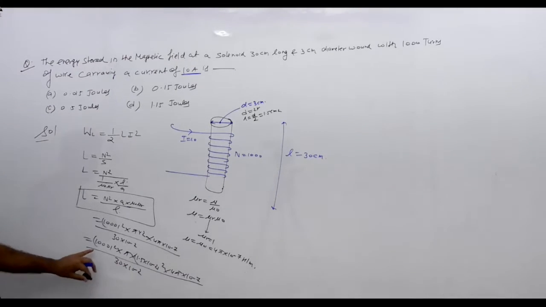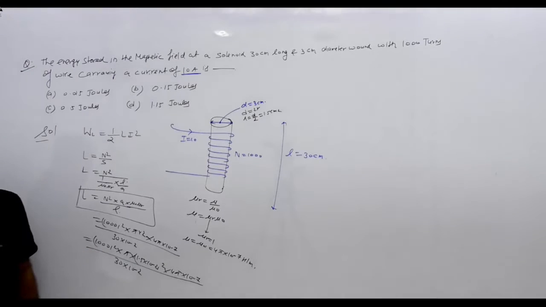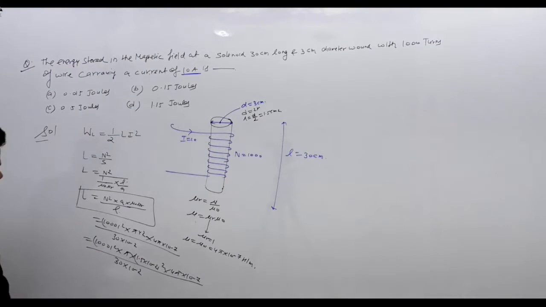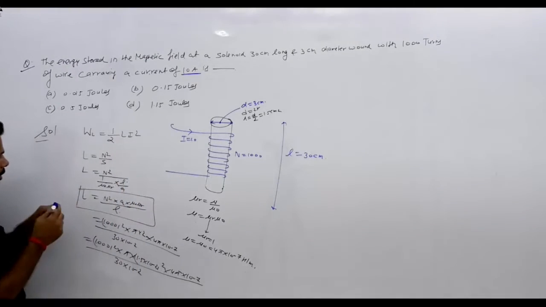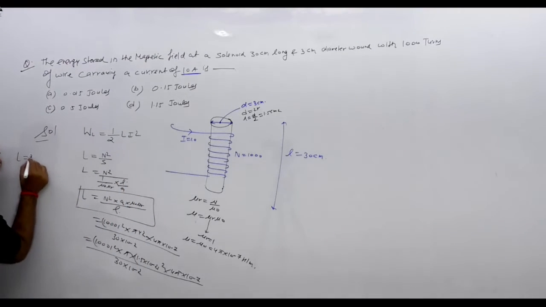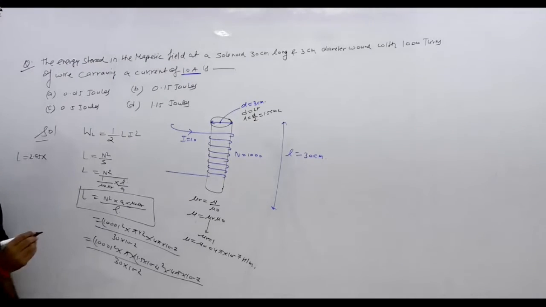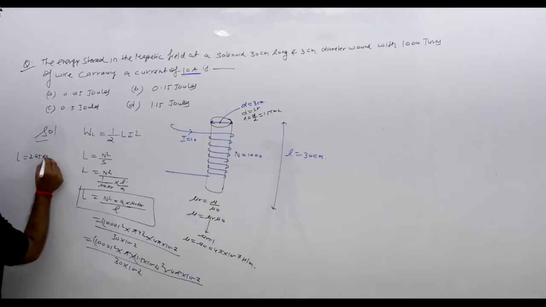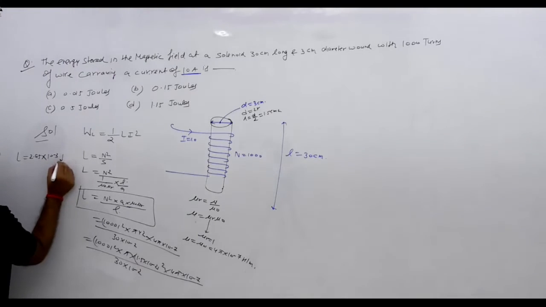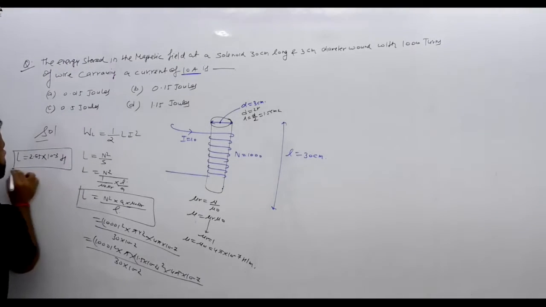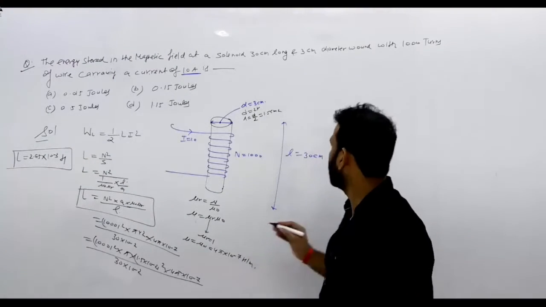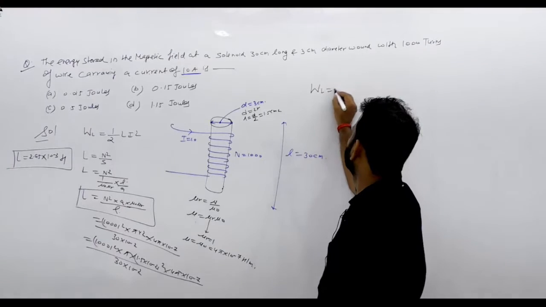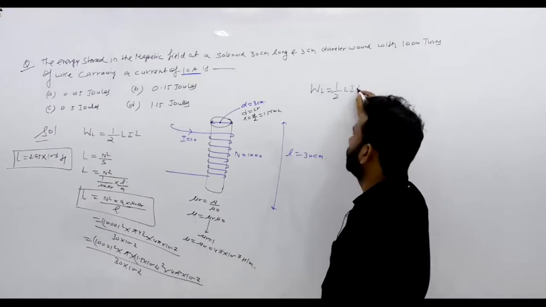If you solve this, L is 2.95 into 10 to the power minus 3 Henry, because the inductance unit is Henry. Now what is the energy stored? Energy stored in the inductor is half L i square.